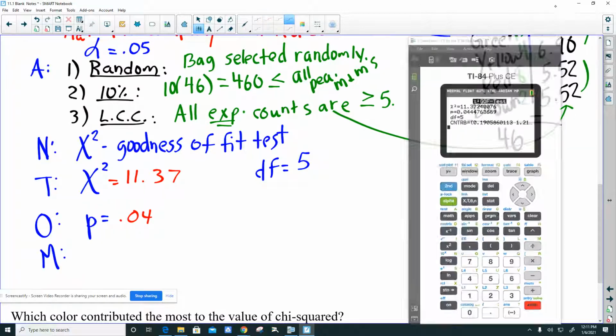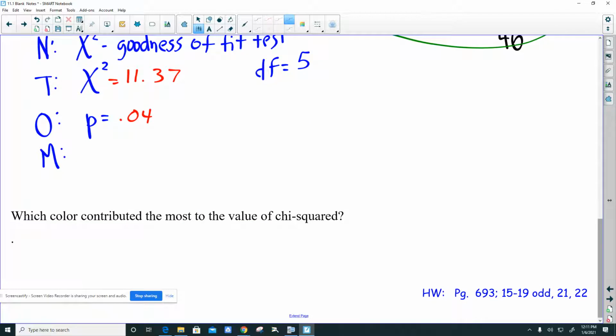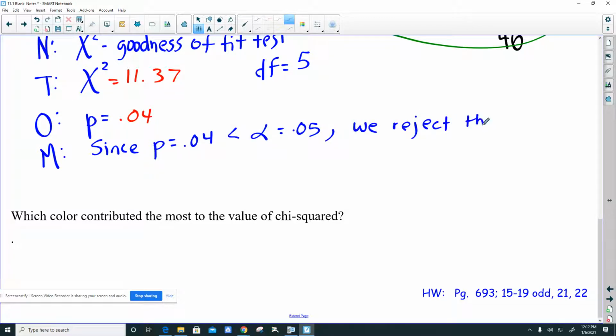So the decision that I'm going to be making here is, since the p-value of 0.04 is less than the alpha level of 0.05, we will reject the null hypothesis.